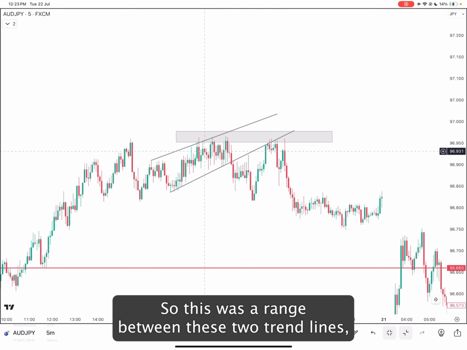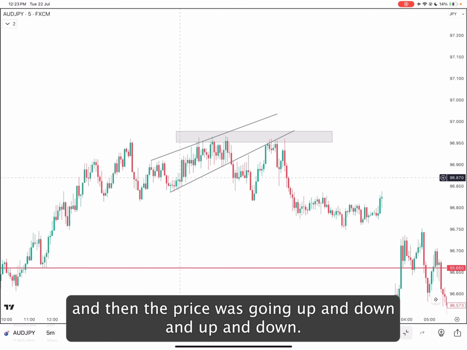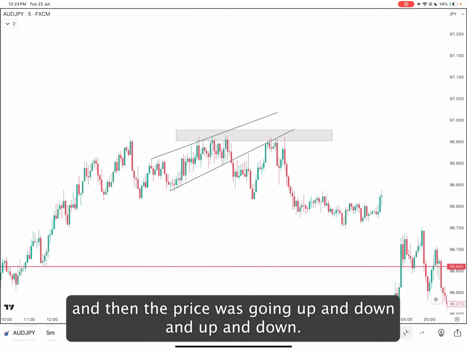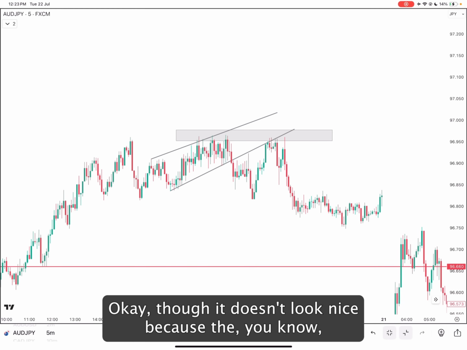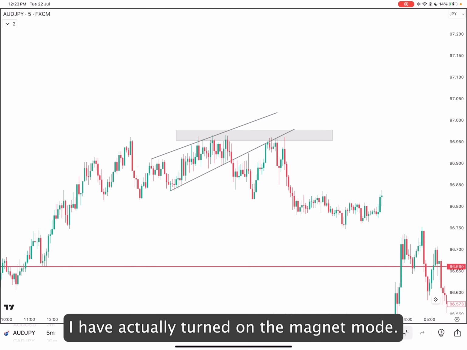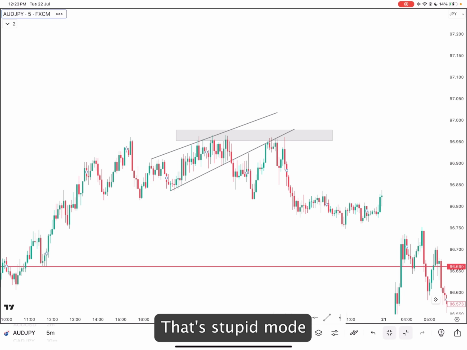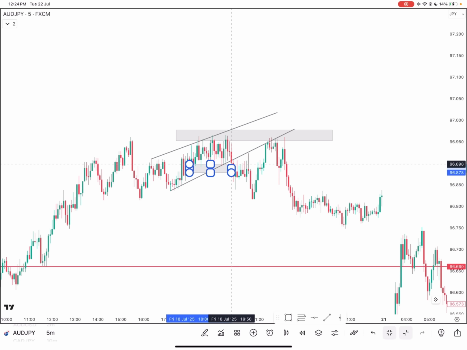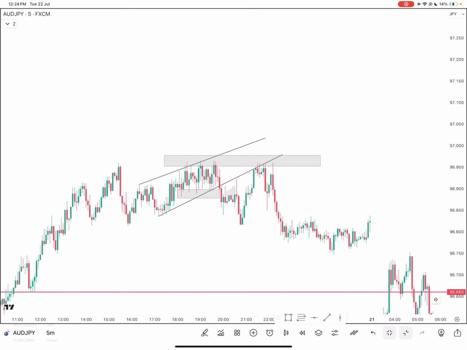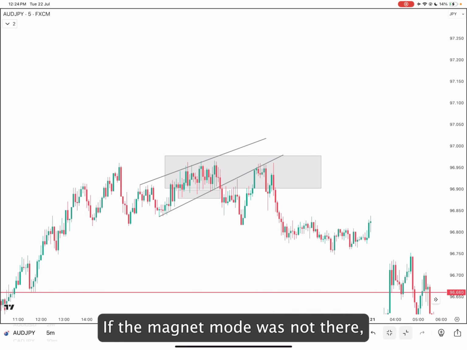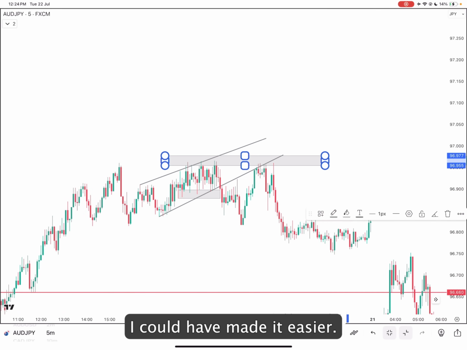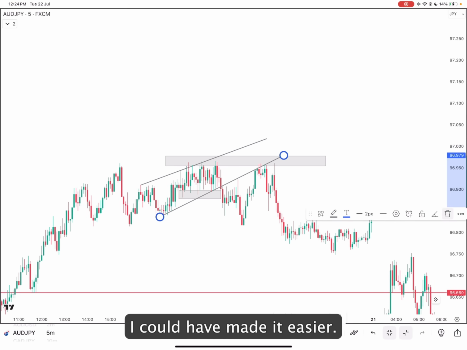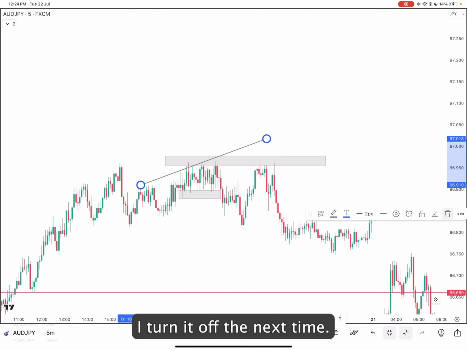So this was a range between these two trend lines, and then the price was going up and down and up and down. Okay, though it doesn't look nice because I have actually turned on the magnet mode. That stupid mode. I'll still try to draw it. If the magnet mode was not there, I could have made it easier. I'll turn it off the next time.